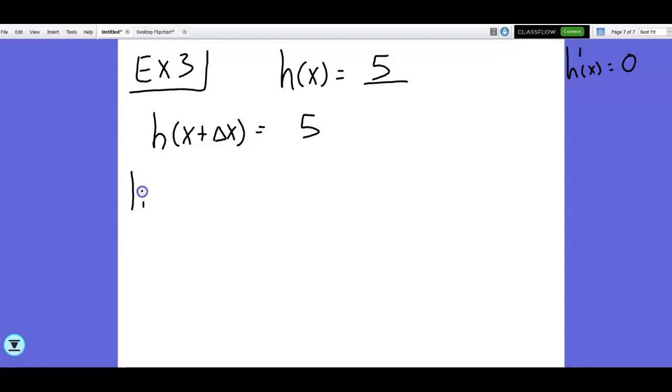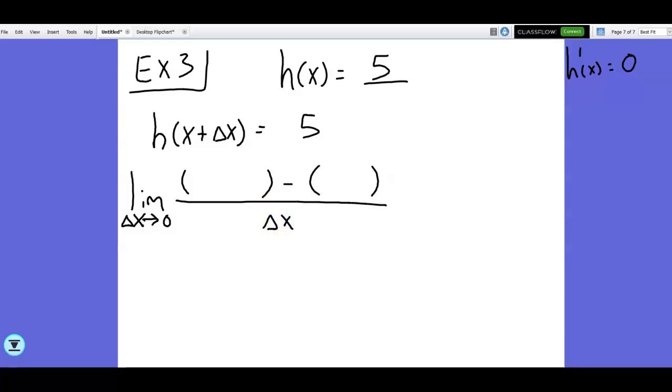So if I do the limit definition of my derivative, we have f of x plus delta x minus f of x over delta x, right? Well, in this case, we have 5 here, and we have 5 here.